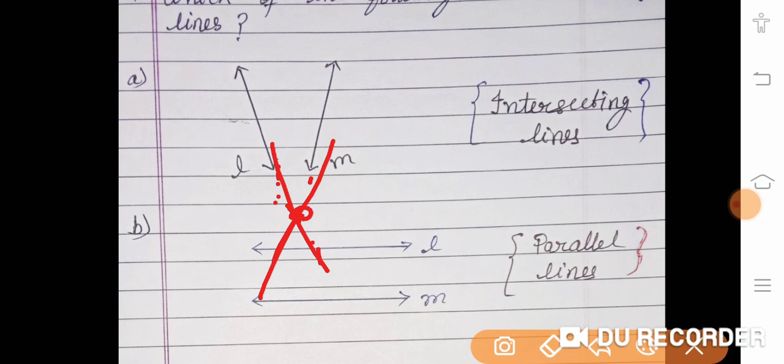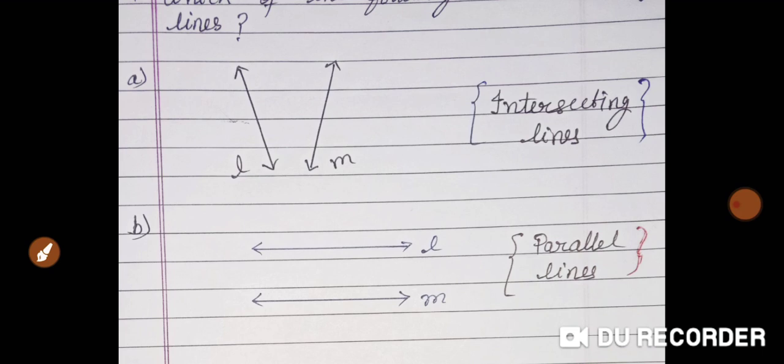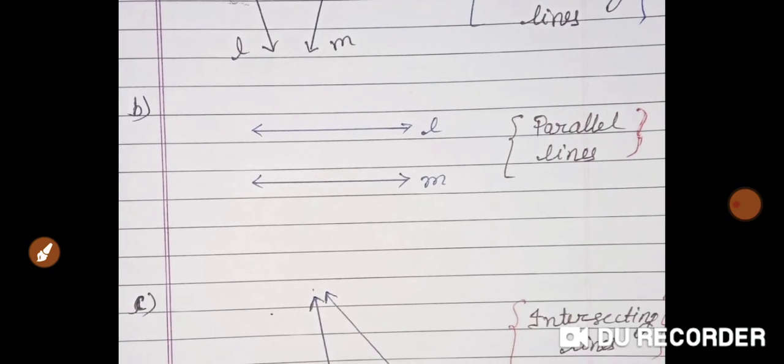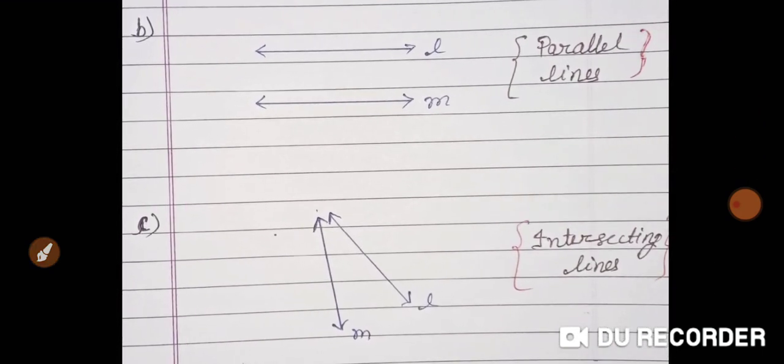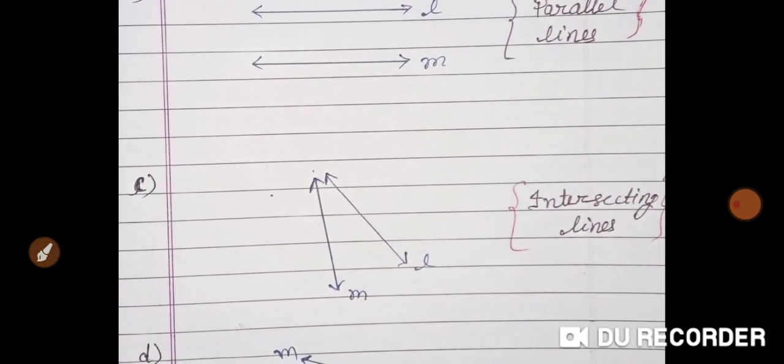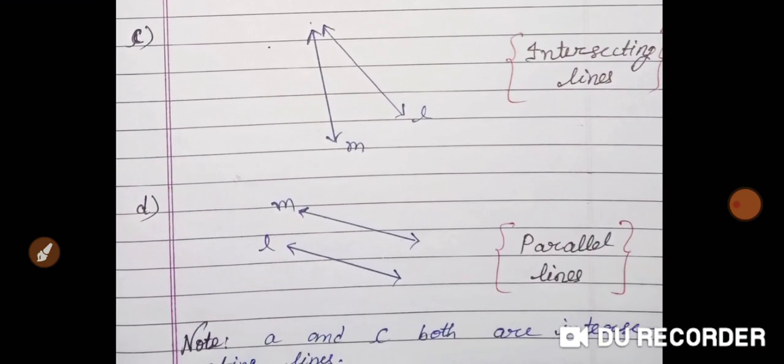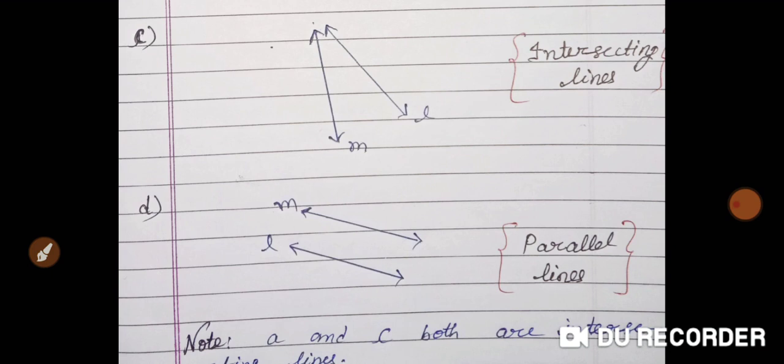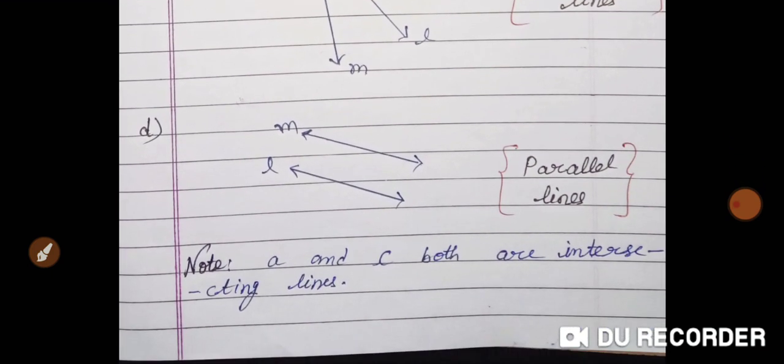So A is the intersecting line, but in B both lines are parallel to each other, so they will not cut, no intersecting line in B. And C, it is not parallel, so it is an intersecting line. Now D, it is a parallel line. Overall we can tell that A and C both are intersecting lines.